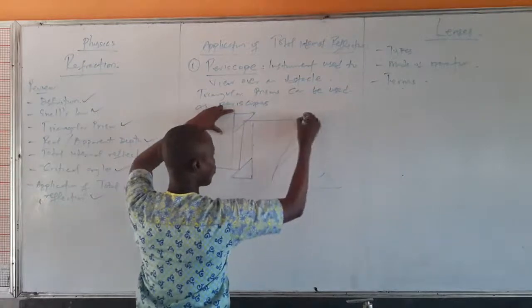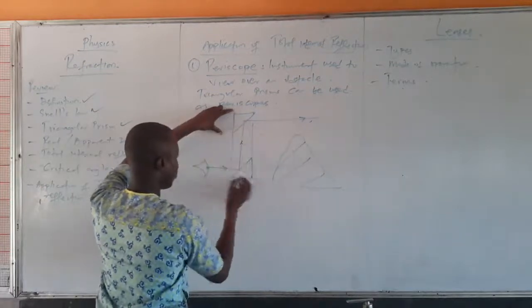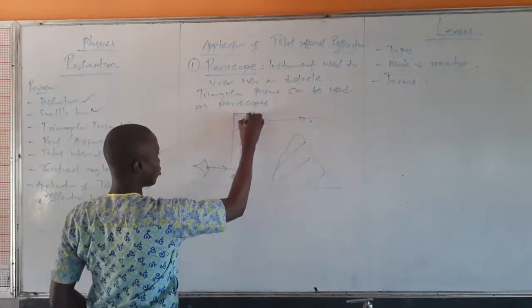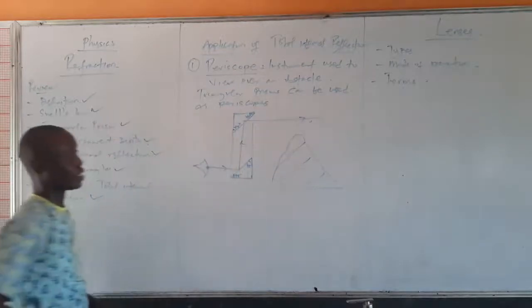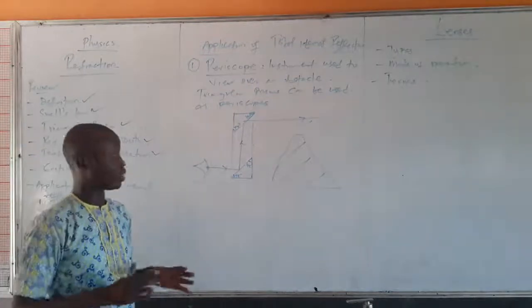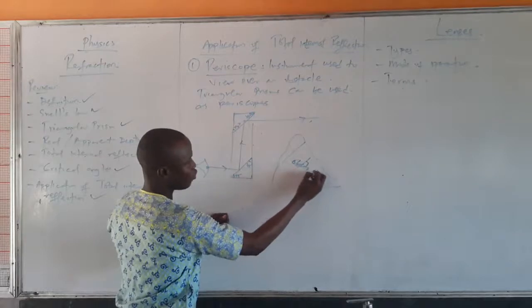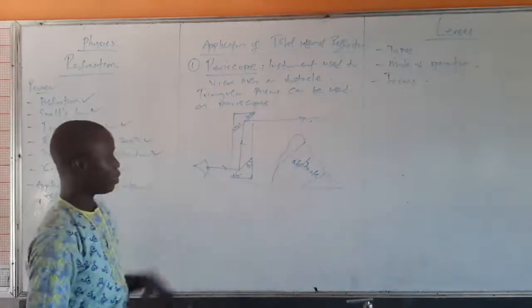You have a view over the obstacle. And that is one thing you can use your periscope to do: you can view over an obstacle by using a periscope.